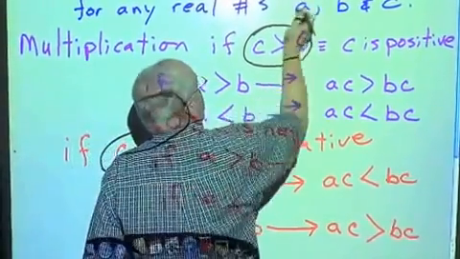Now, what do you think is going to happen with division? Addition and subtraction act more like equalities. Multiplication changed a little bit. So what do you think about division? Think they're going to act the same? Well, division.